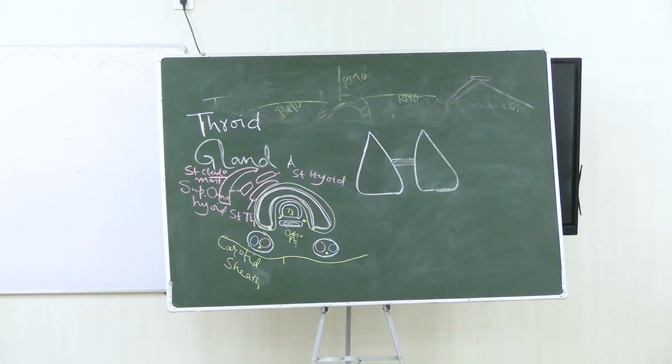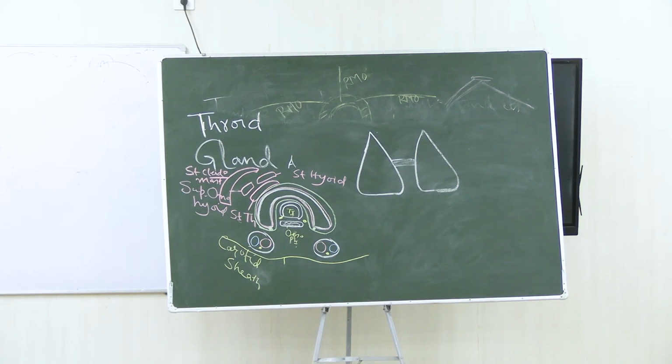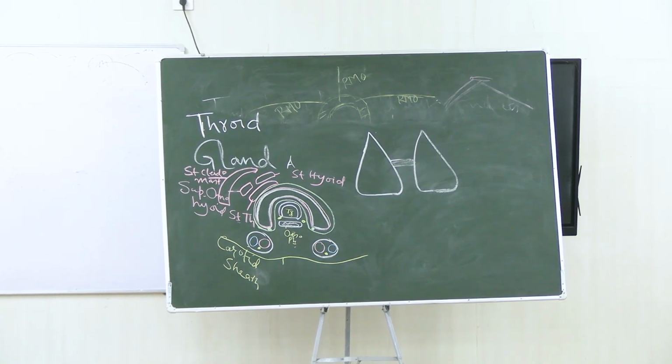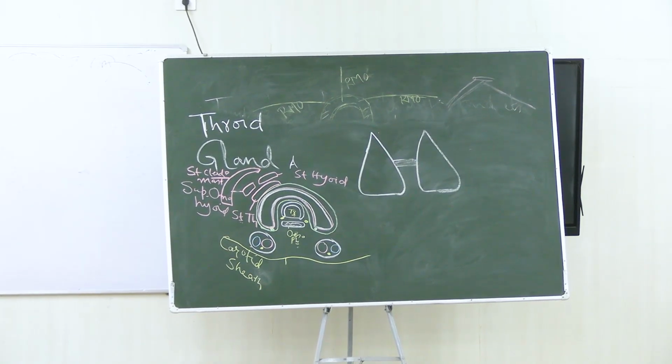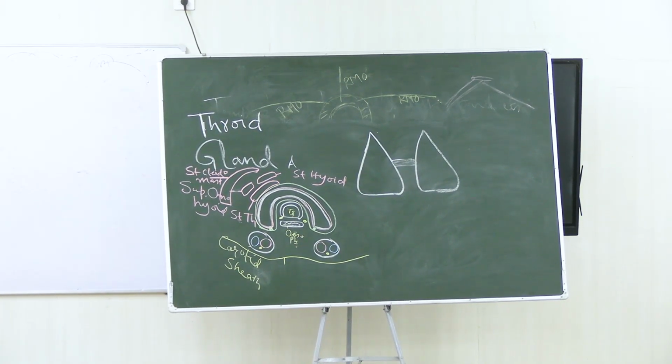Now, why will the gland not enlarge upwards? Because, you know, the pretracheal fascia is attached to the oblique line of the thyroid cartilage, and the sternothyroid muscle is attached to the oblique line of the thyroid cartilage, and just below that muscle lies the thyroid gland.